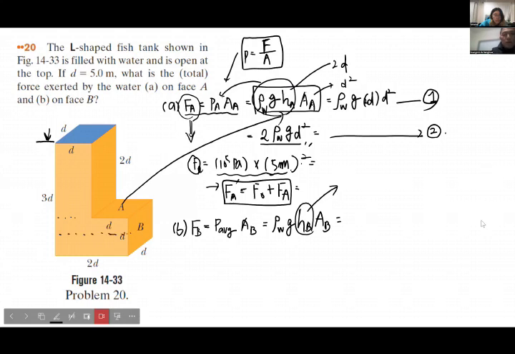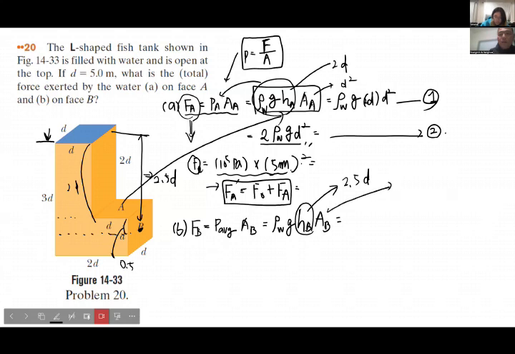The middle of this face B. So this is 2D, and this is what? Half D, 0.5. So from the middle of this plane B to the top of this container is how much? 2.5D. Yeah, 2.5D, right? So the depth h_B should be 2.5D, and the area is the same as A, so that is D squared.